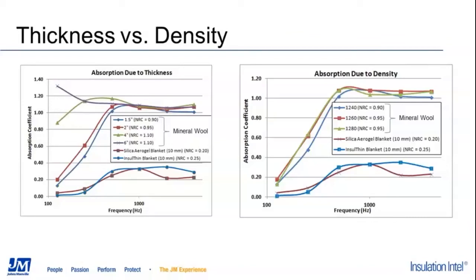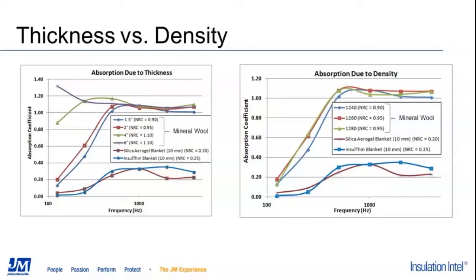So the 4 curves at the top of that graph, you're looking at the same density of mineral wool material, but at thicknesses varying from 1.5 inch, with the blue line being the lowest of the 4, up to the same density material at 6 inches thick, the purple line at pretty much the top of the chart. And you can see the NRC varying from 0.9 to 1.1.